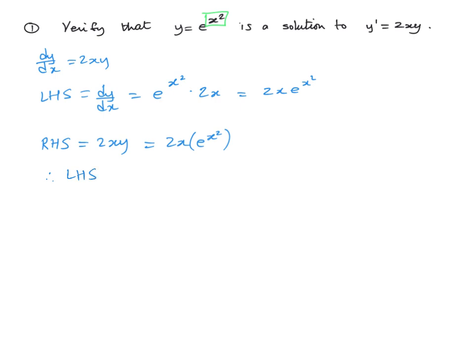Therefore, LHS equals RHS, and y equals e to the x squared is a solution to y prime equals 2xy. So again, if I have a candidate solution, I literally plug it in to see what happens, which means I might have to take a derivative or do a substitution or whatever it might be. The point, though, is that a function here is a solution to the differential equation.